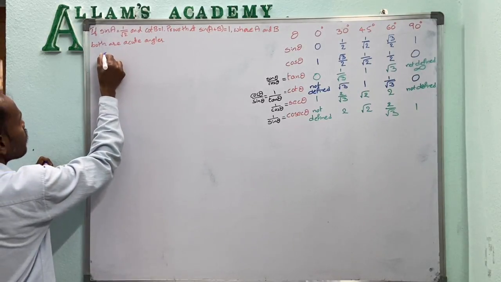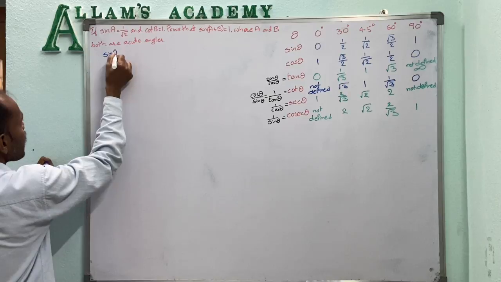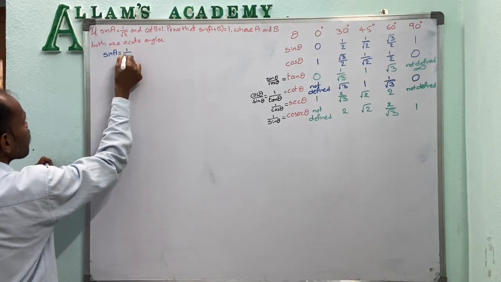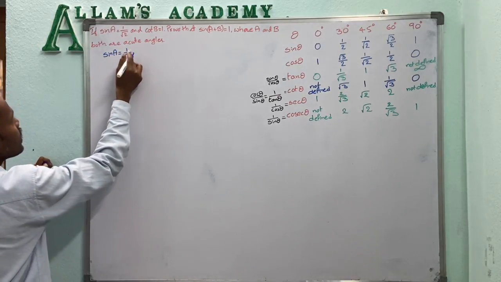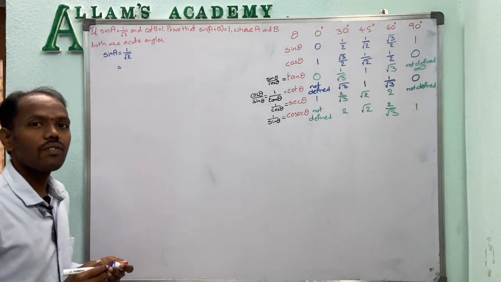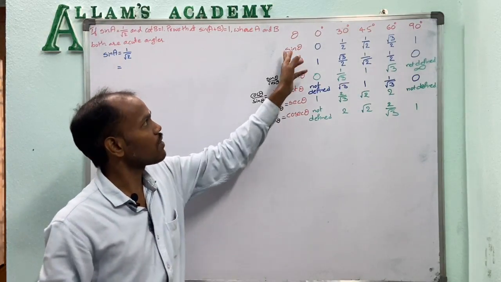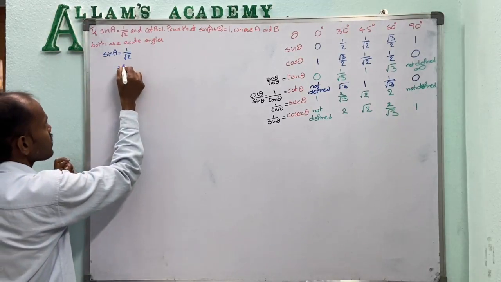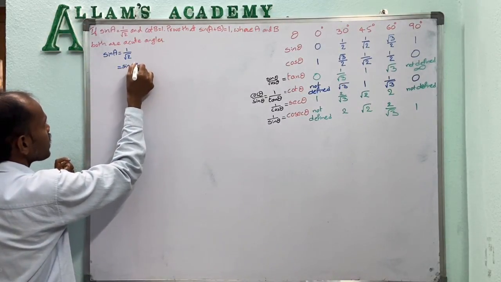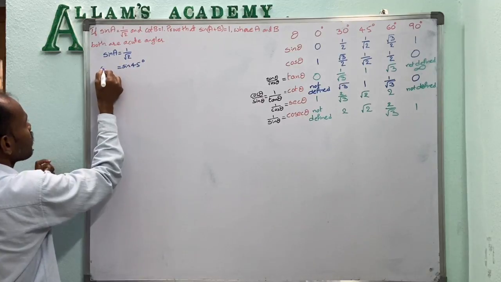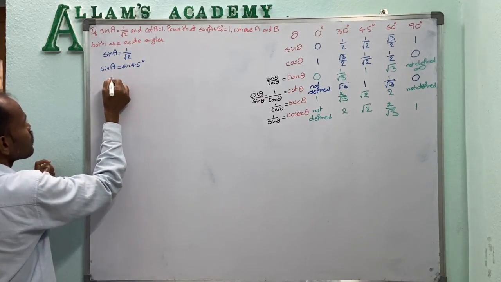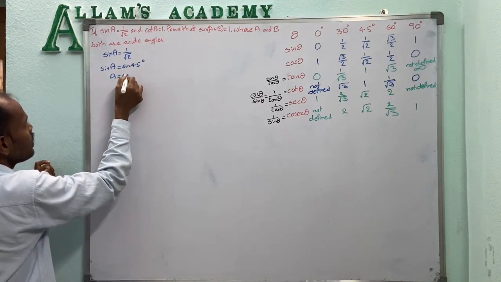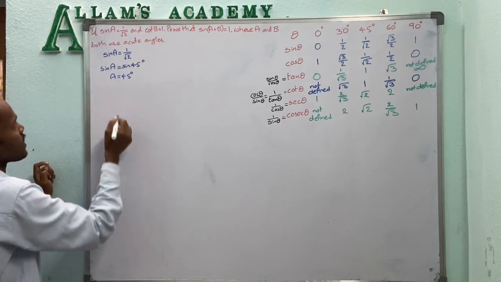The first ratio given is sin a equals 1 by root 2. In sin theta, when we get 1 by root 2, that is at 45 degrees. So that is sin 45 degrees. So sin a equals sin 45. So a is nothing but 45 degrees.